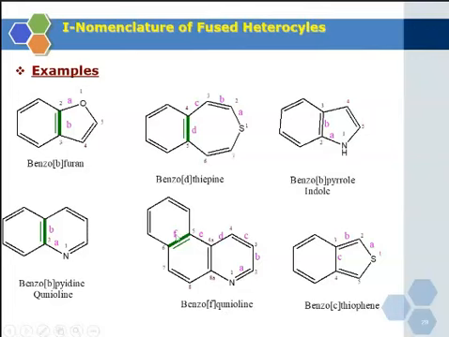You can see the sites of fusion are A, B, C, D, E, and F. Hence the two rings are fused along the face F. Here the quinoline ring is fused with the benzene ring, hence we call it benzo[f]quinoline. To the F face of quinoline, a benzene ring is fused. Here we can see benzo[c]thiophene.